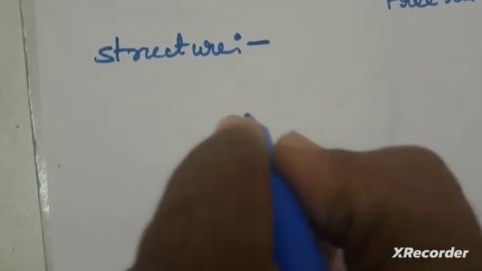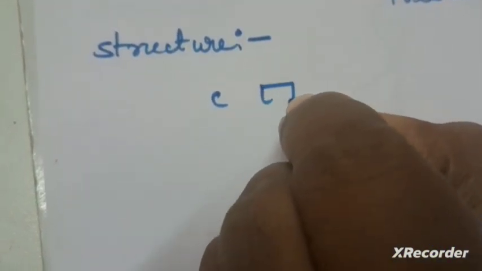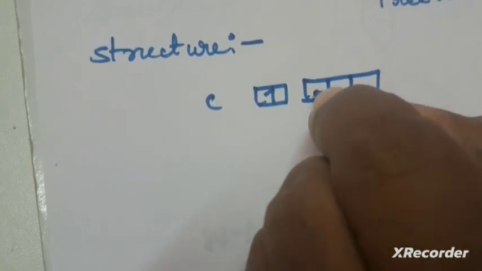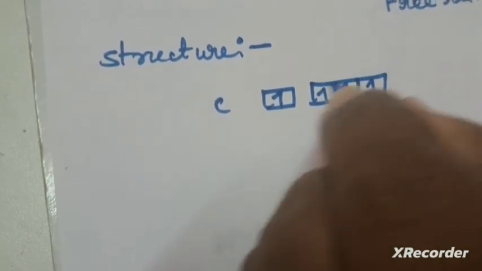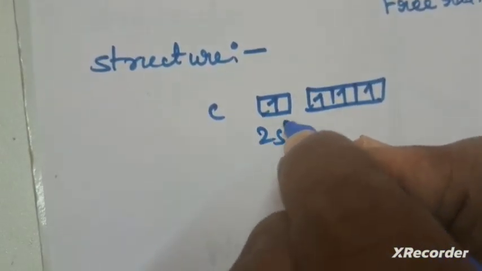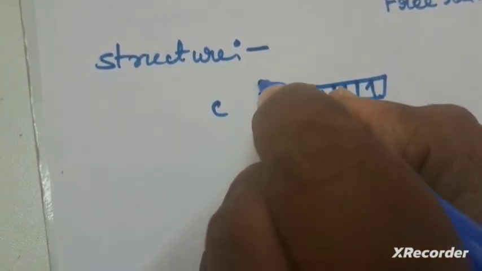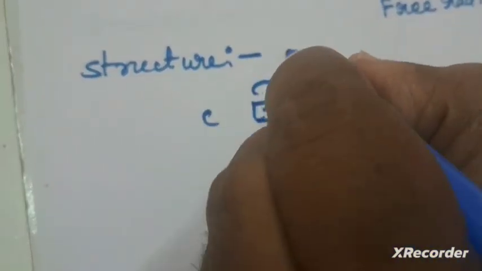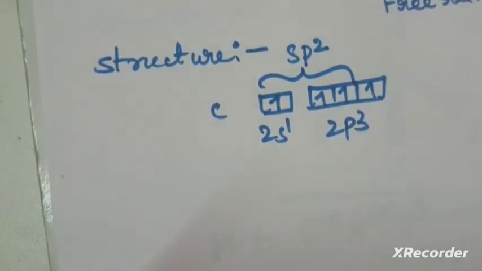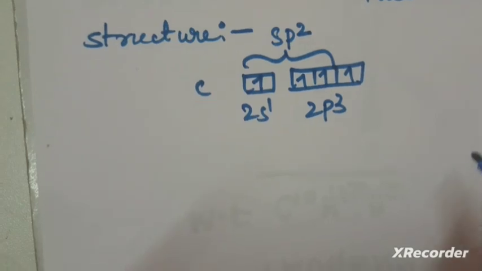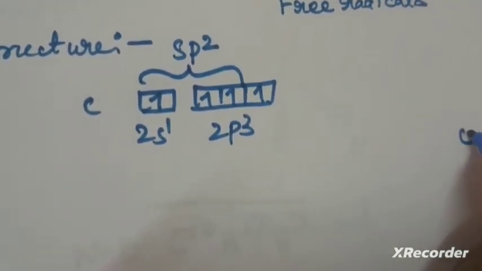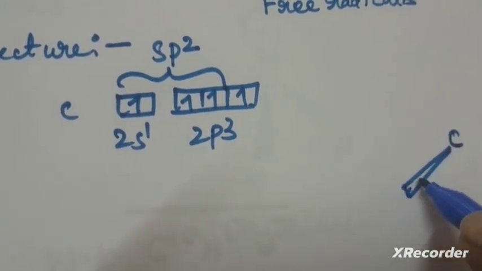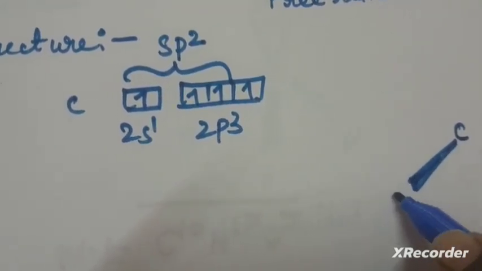The structure of a free radical is similar to the carbocation, because carbon's valence electrons are 2s2 2p2, and these electrons undergo hybridization to give sp2 hybridized orbitals. These sp2 hybridized orbitals form bonds with the three hydrogen atoms in the methyl radical.